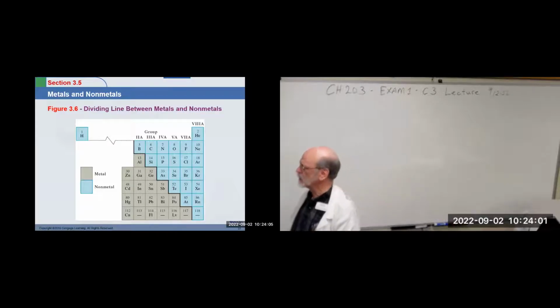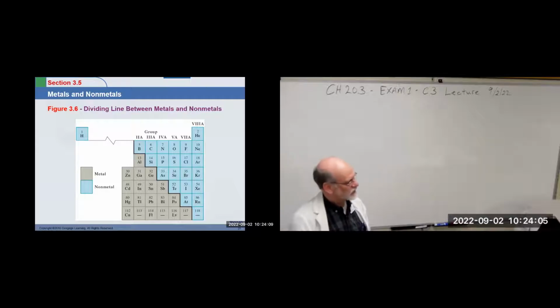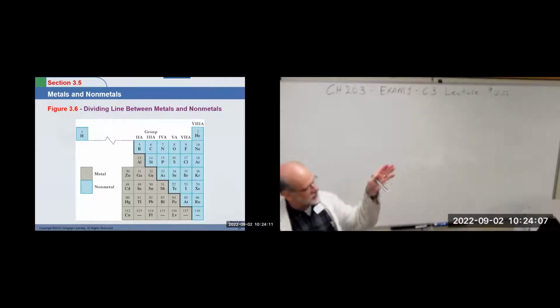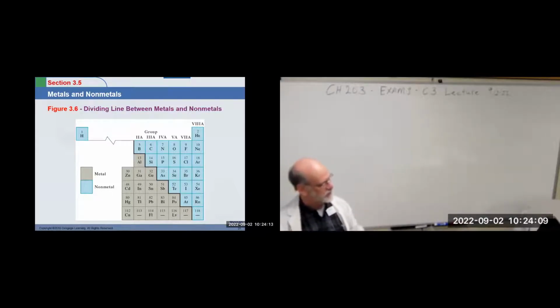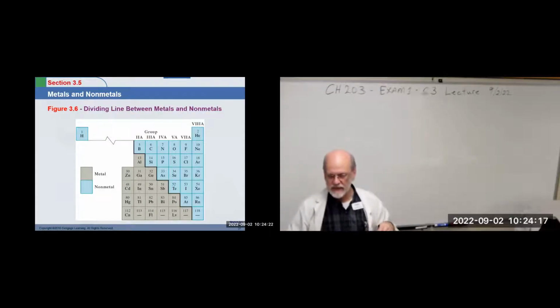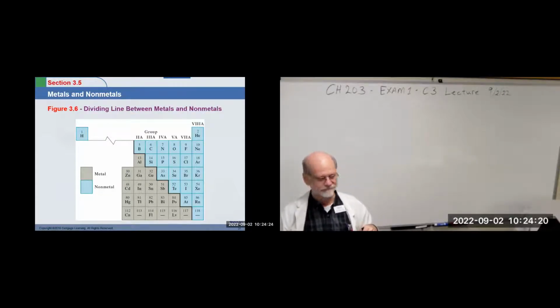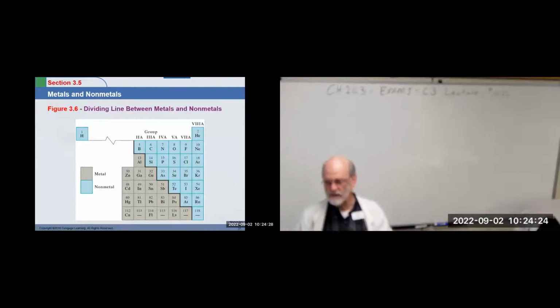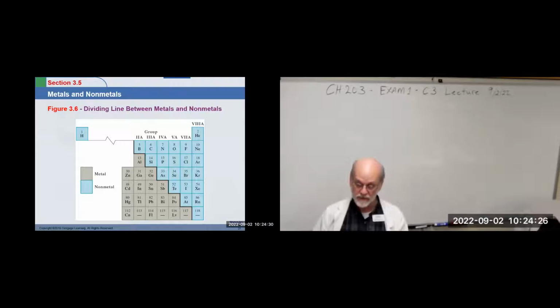Hydrogen is sort of a weird one. We don't know what to do with hydrogen. So for balance, we stick hydrogen above the alkali metals. Hydrogen can either be a +1 or a -1 charge, depending on what it's combined with.